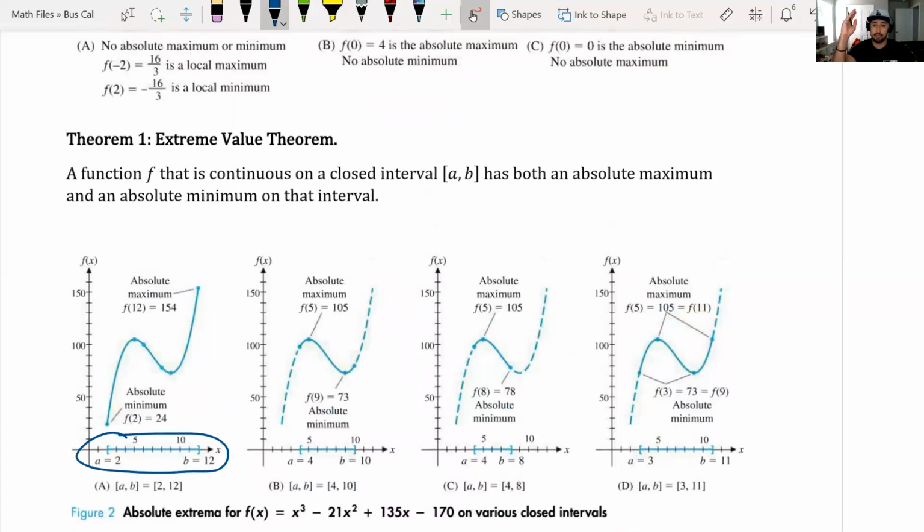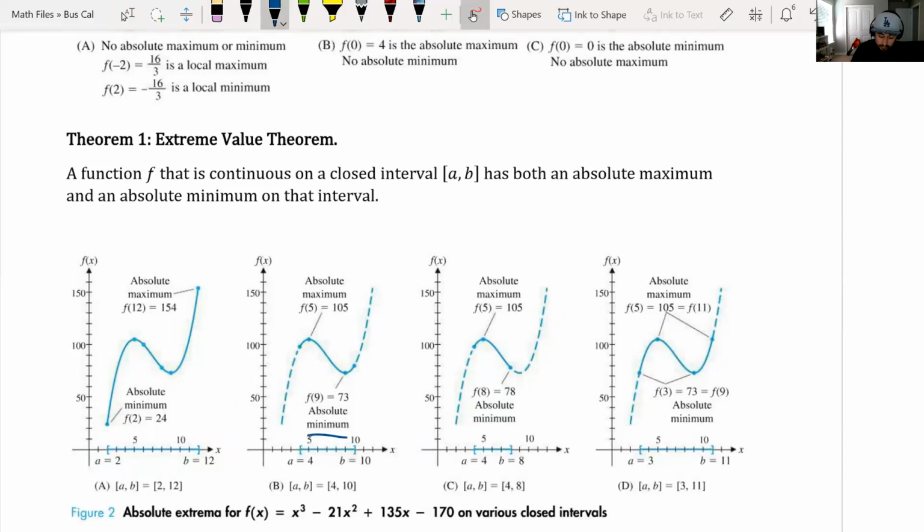It's still continuous, and the reason we say it's continuous is because there are no breaks or holes in the graph, and all the points are defined. Since we close the interval, f of 12 is the absolute maximum, f of 2 is the absolute minimum. And this is only because we have closed the interval.